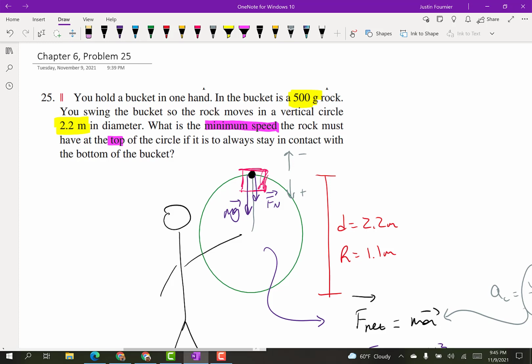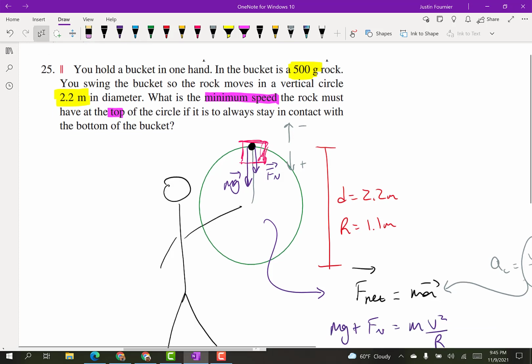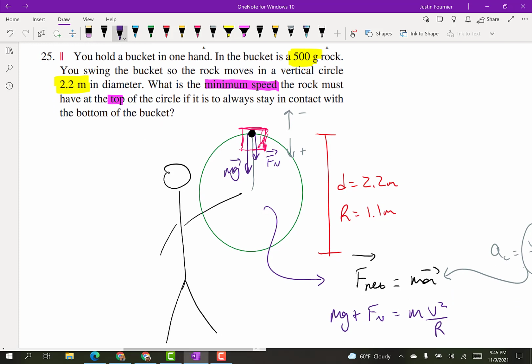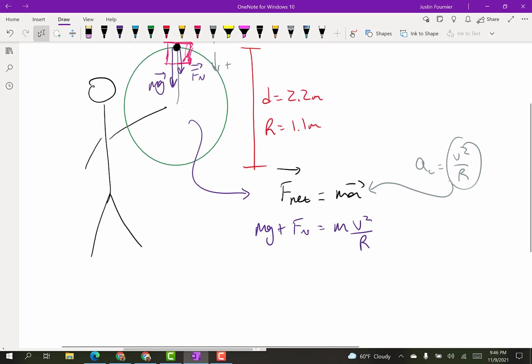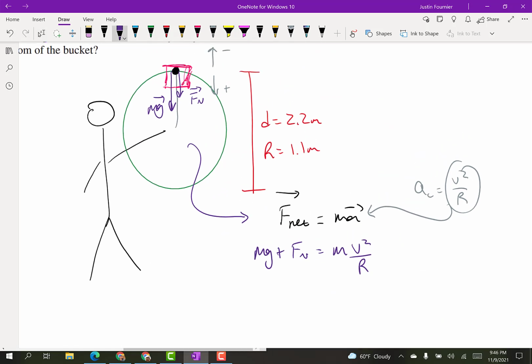This is exactly the same thing with the rock and the bucket: for the minimum speed, the slower I go, the less normal force I get. So for the minimum speed, all I have acting is the gravitational force, because that would be the minimum requirement to keep it going in a circle. That's causing the centripetal force if Fn is 0, but at a minimum speed.